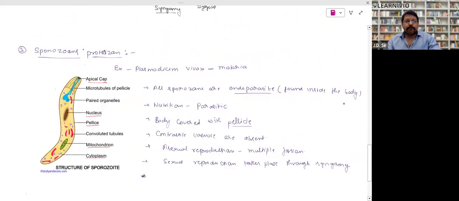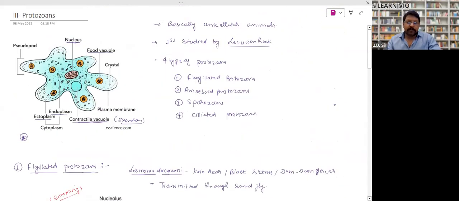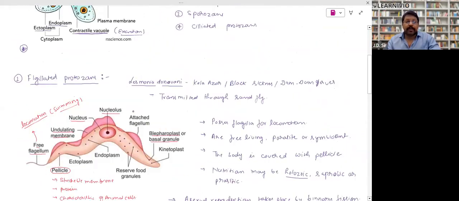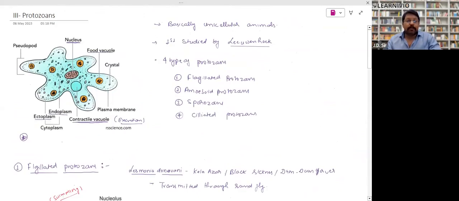Now the fourth kind. I told you protozoans can be of four types. Flagellated protozoa, those which locomote with the help of flagella. Amoeboid protozoa, which look like amoeba and travel with the help of pseudopodia. Sporozoans do not have any locomotory organ, so flagella and all that are absent.